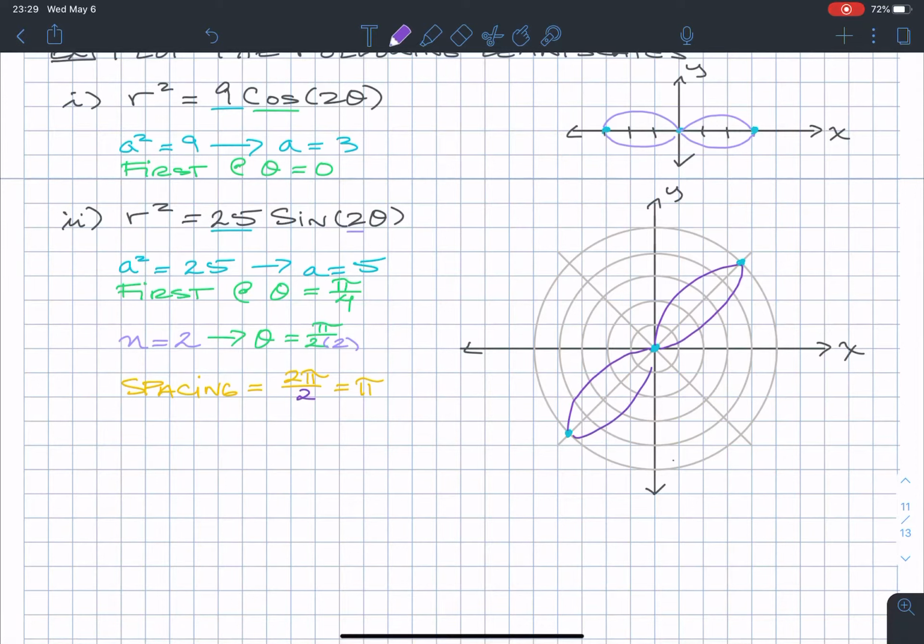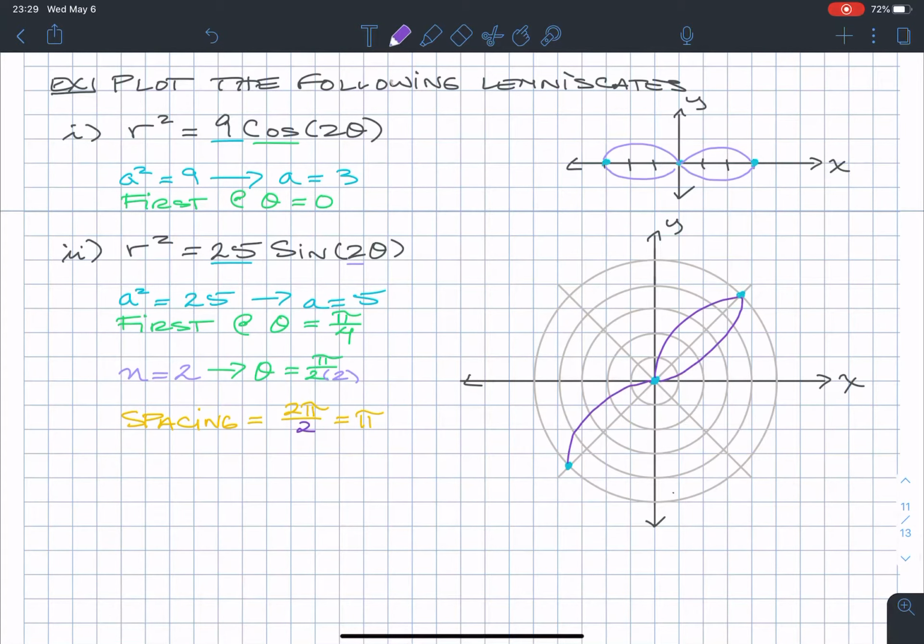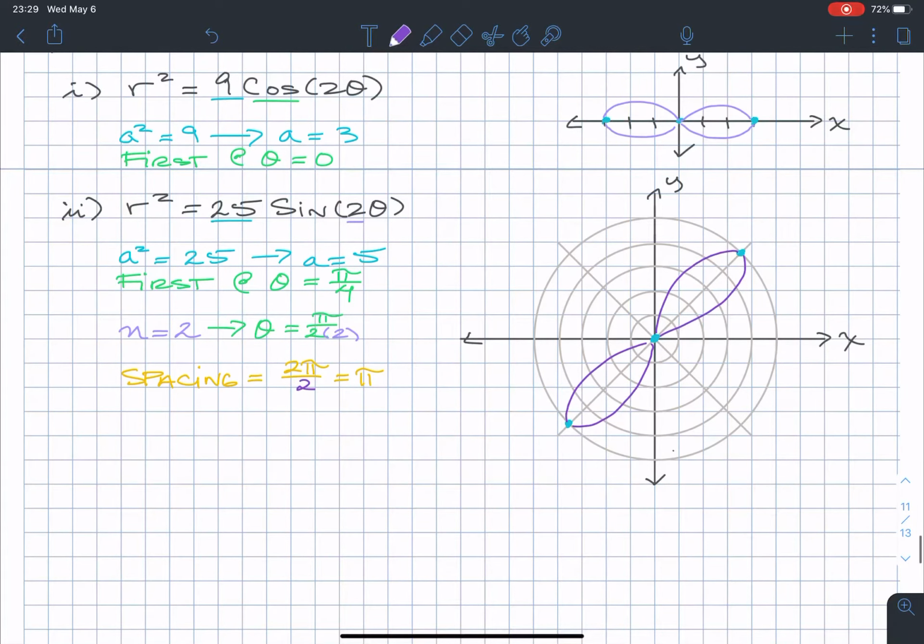Something like that. Not drawn very well, so let me try this again. I guess that's good enough for government work. Okay, so these are lemniscates.